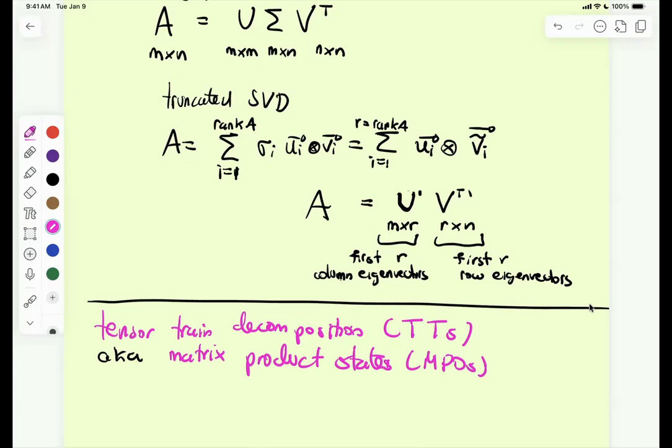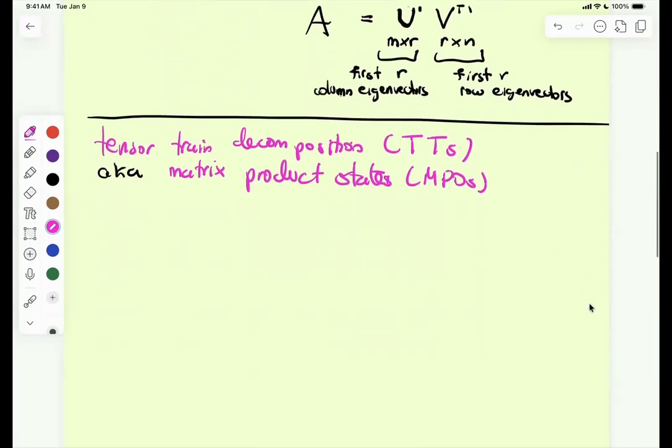But okay, let me show you. Let's do it for a tensor of order 4. I'll call my tensor T, and it will have 4 legs.